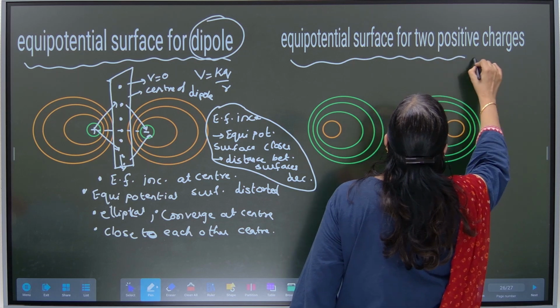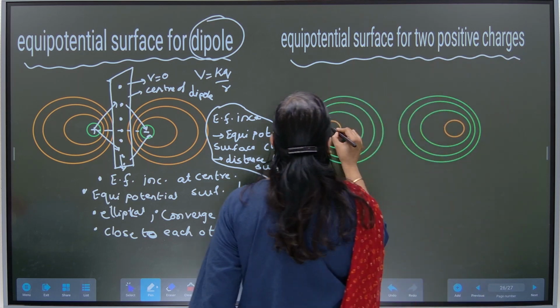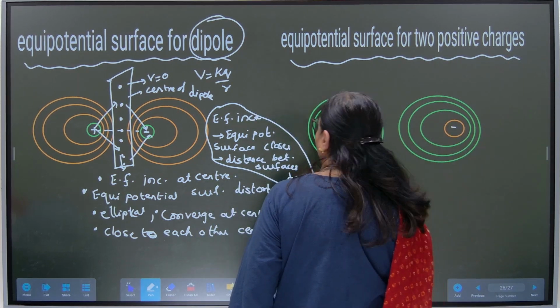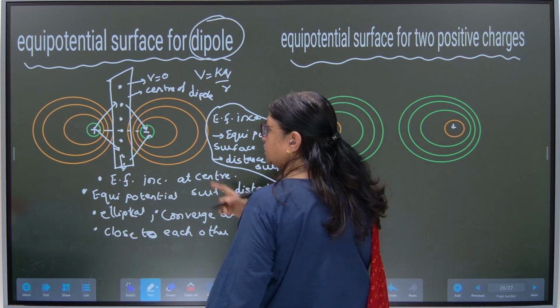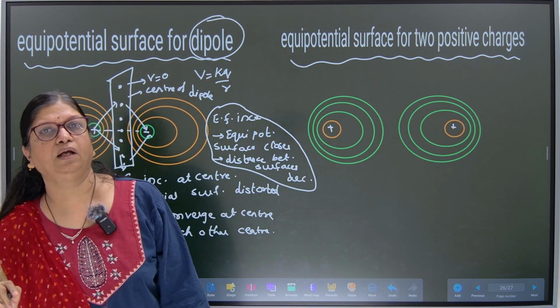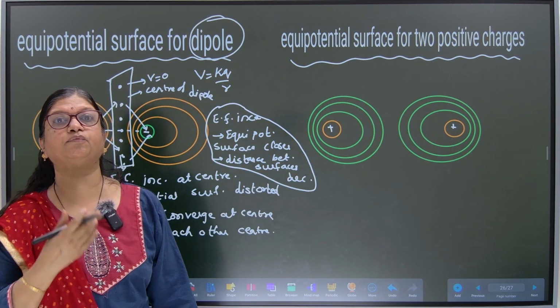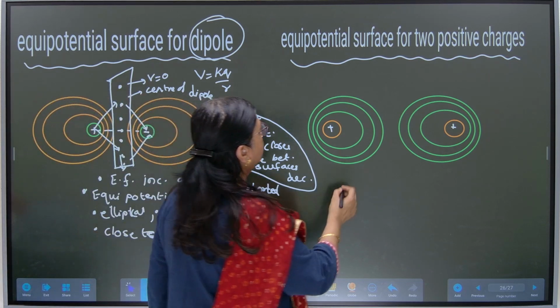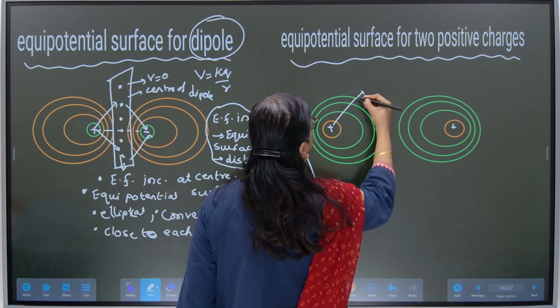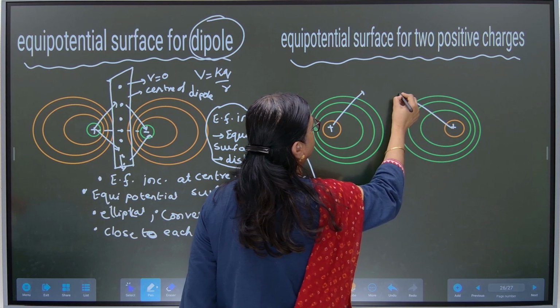equipotential surface for two positive charges, or you can say even for two negative charges. This was for a dipole, and this is for two positive charges. Now for two positive charges, how will be the electric field lines? Outward for this also, outward for this also.